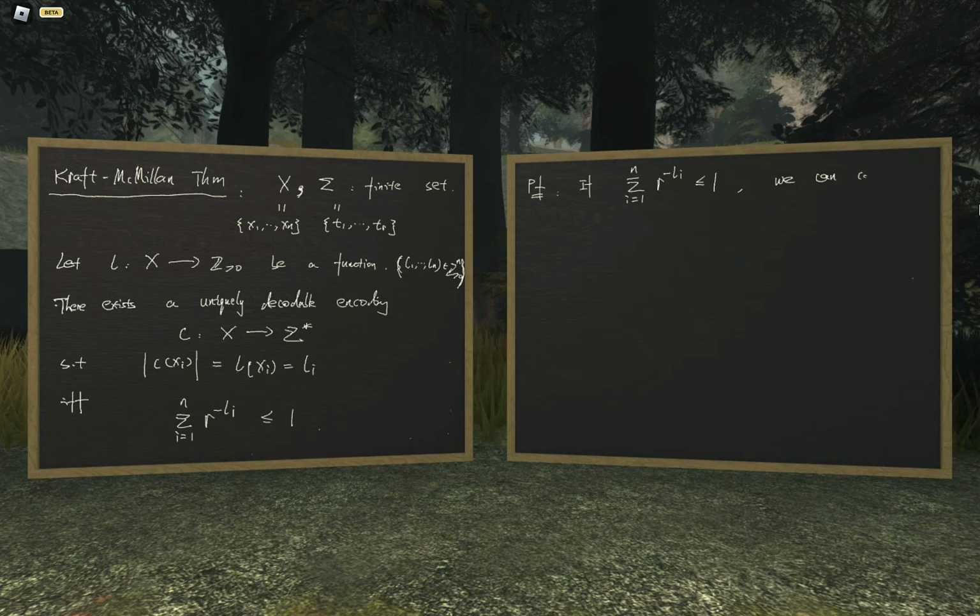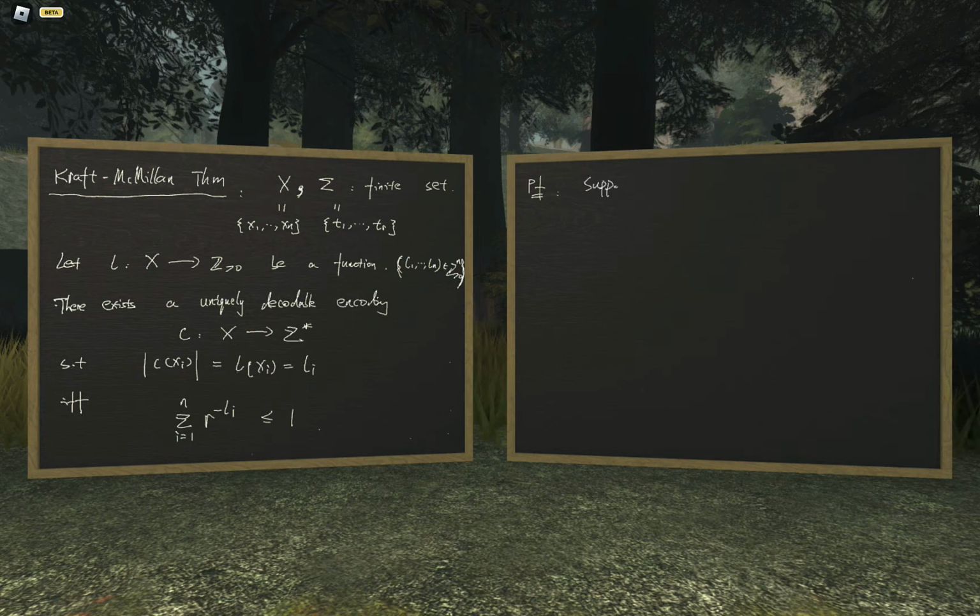If we have this inequality, then we can construct a uniquely decodable code satisfying that property. So the idea is that we construct the code, then show it's uniquely decodable. So this is the direction we want to prove.